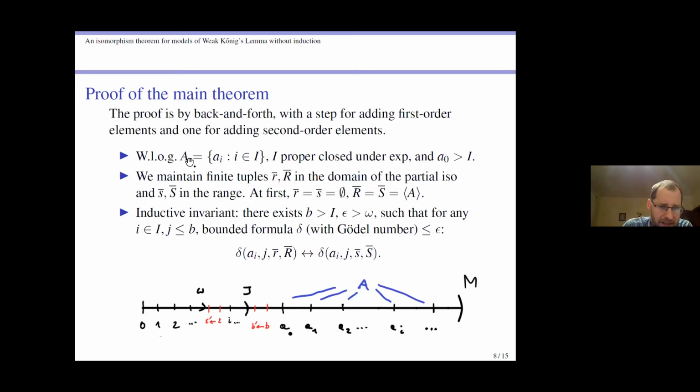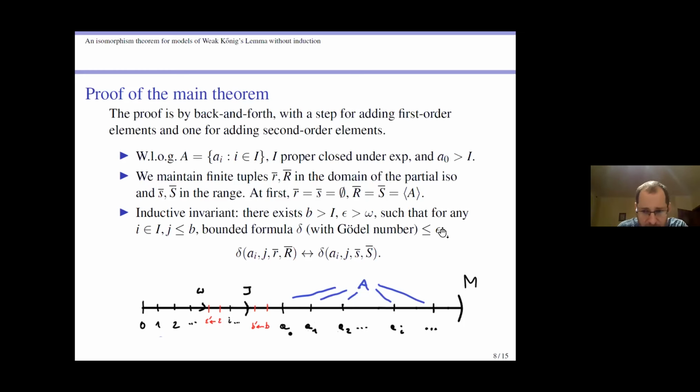We can assume, essentially without loss of generality, that the set A, the common failure of induction, is already this sort of sparse set that's indexed by a Σ1 cut. Because if it's not, then there's going to be such a set that's Δ1 definable in A. And well, you could put A in the tuple at the start to make sure it's preserved as well.